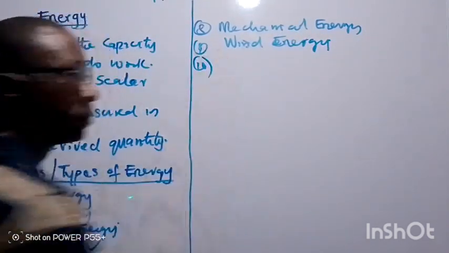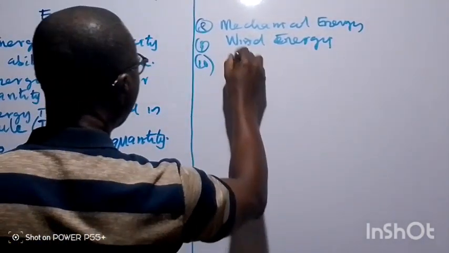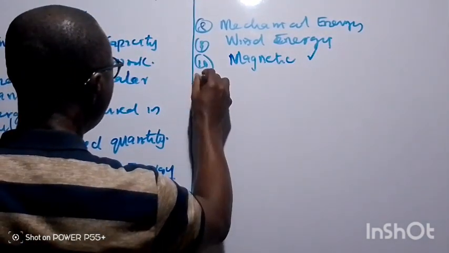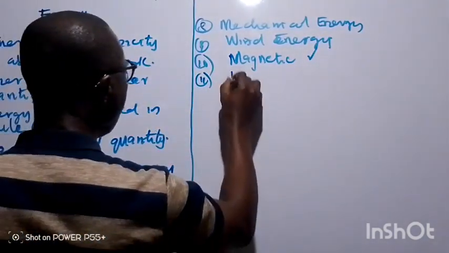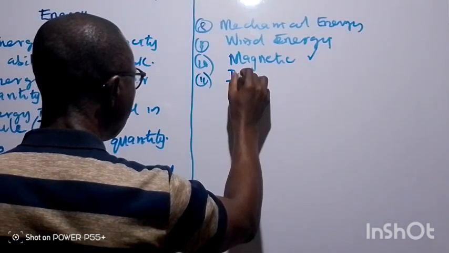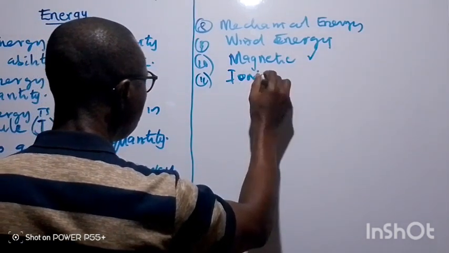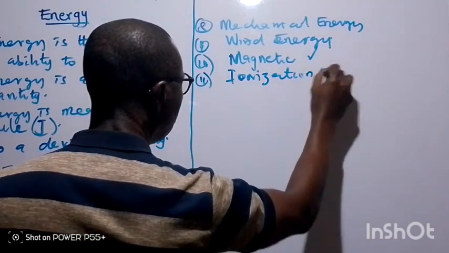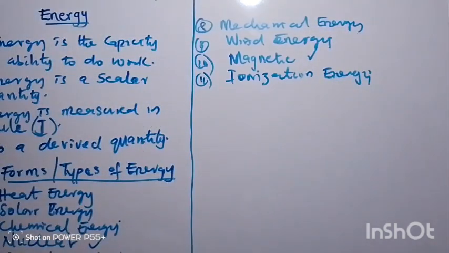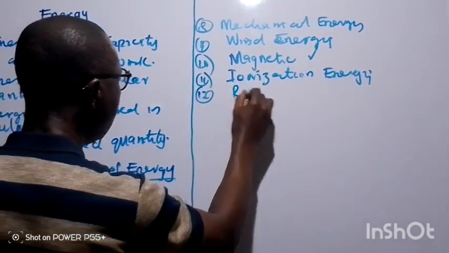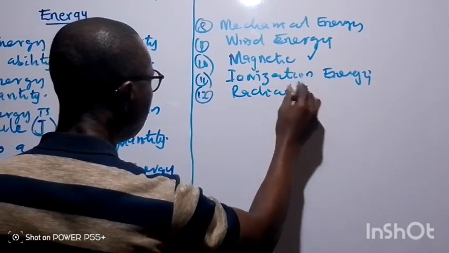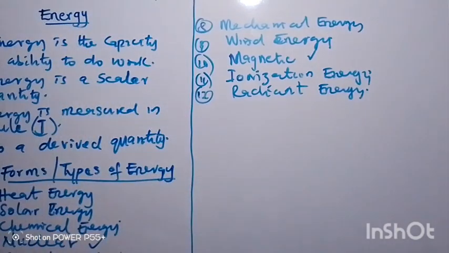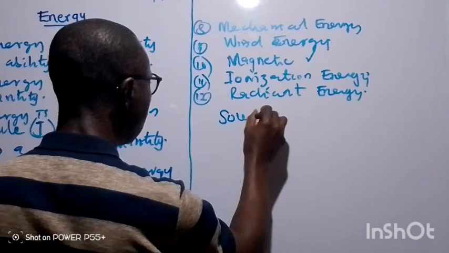Number 10, magnetic energy. 11, we have ionization energy. 12, we have radiant energy, etc.